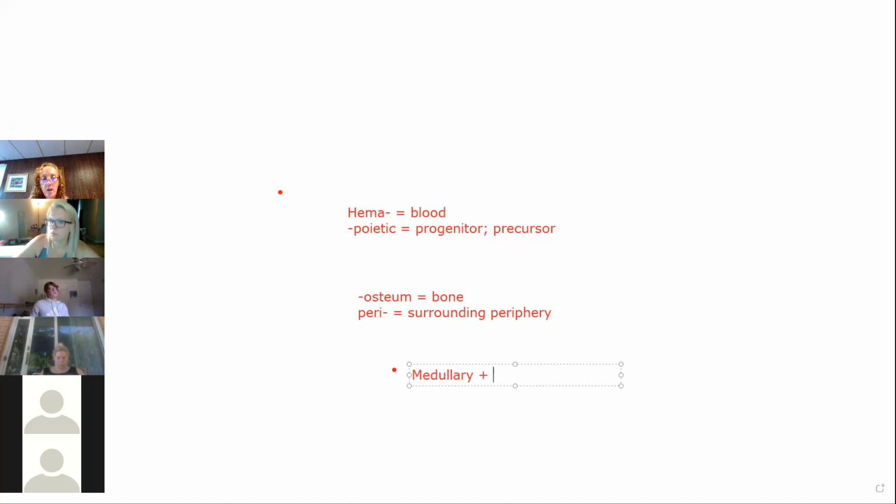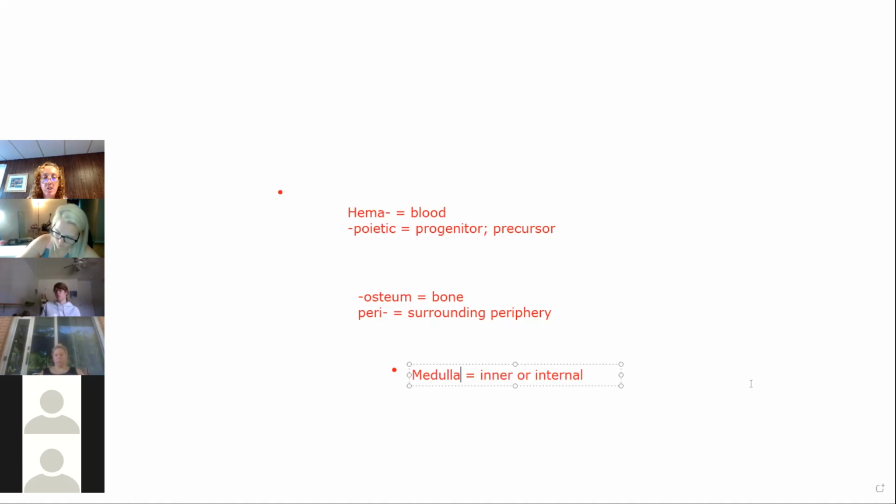Medullary meaning internal area, internal space, or inner. So this is the area inside the bone. We're going to see this again. Medulla means inner or internal.